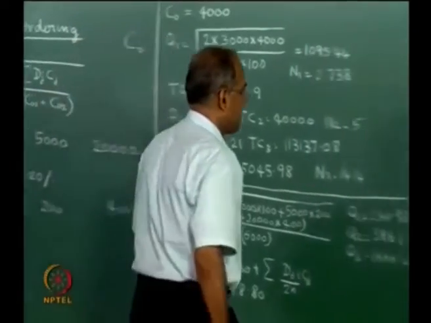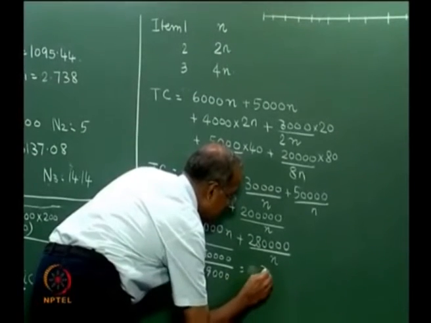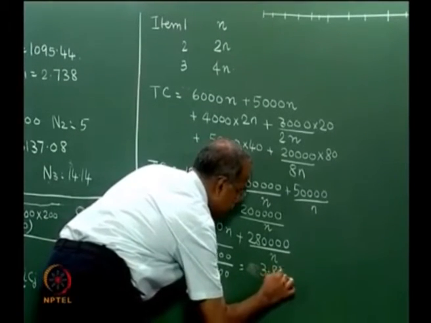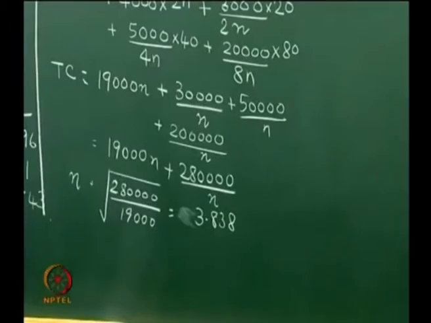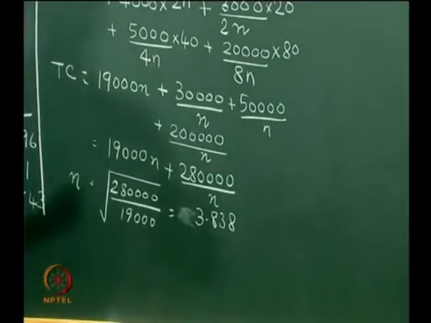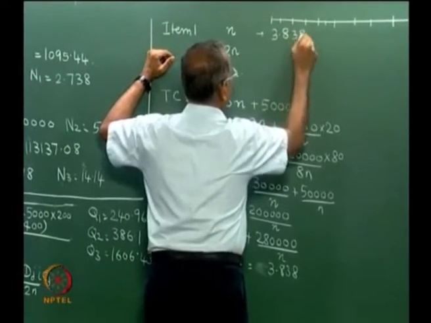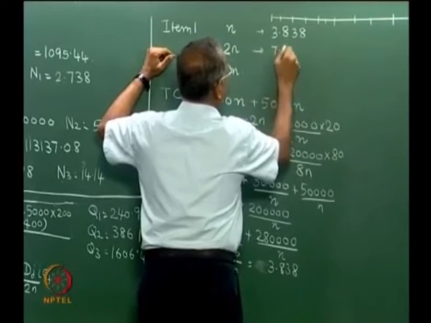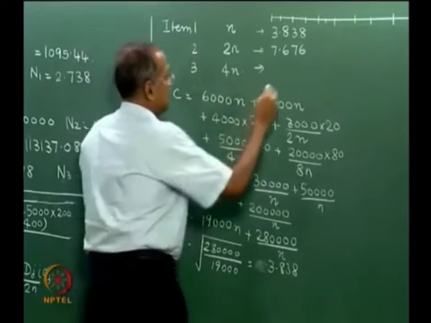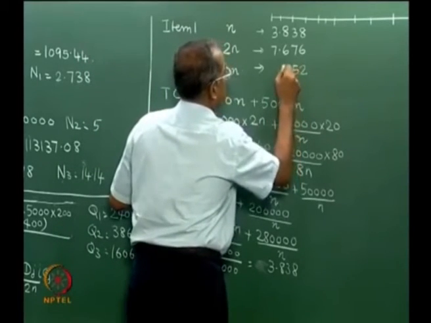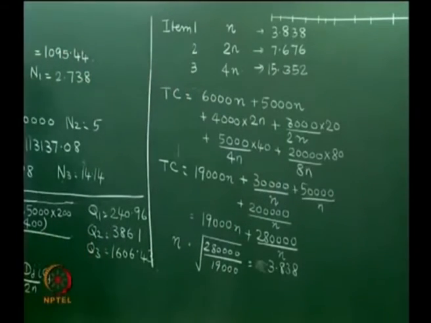3.838. Now, this means item 1 will have 3.838 orders, item 2 will have 7.676 orders, and this will get 15.352 orders.